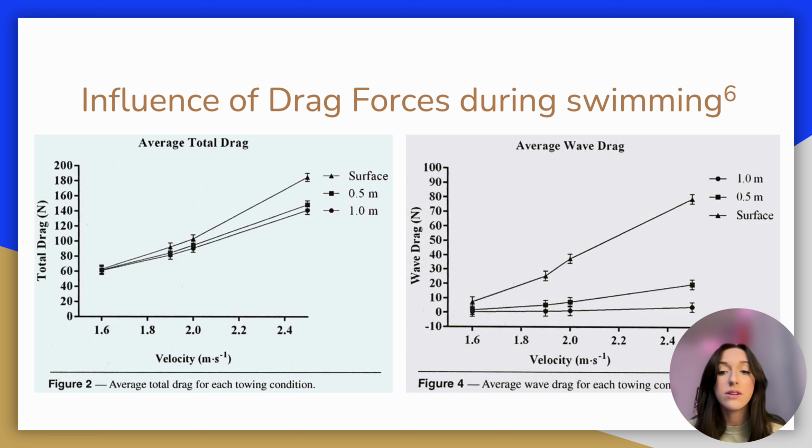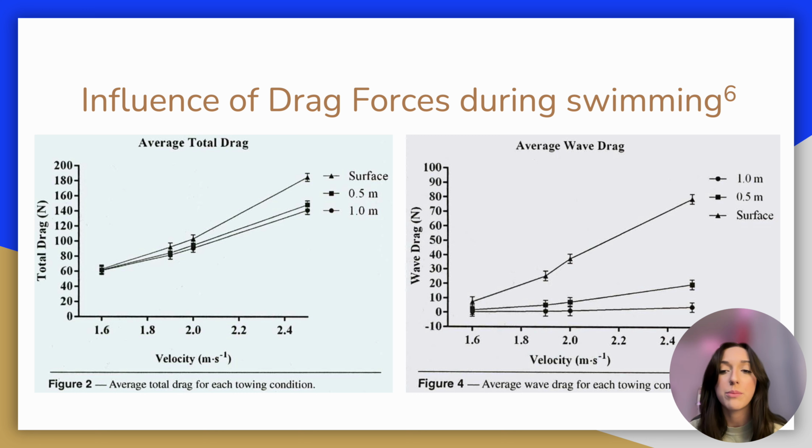Looking at the graph on the left, that is the total drag at different velocities when utilizing that wetsuit. They looked at 1 meter below the surface of the water, 0.5 meters, and the surface. What we saw was that until the 2-point velocity, it stayed pretty sustainable.